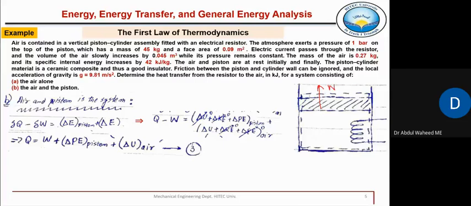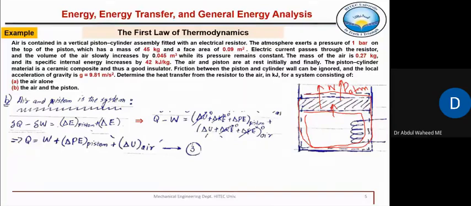Now this whole system is doing work against only atmospheric pressure. In the previous case, this was our piston, this was our system, and this system was doing work against the piston plus atmospheric air. But now in the new system, our system is doing work only against atmospheric pressure because the piston is inside the system boundary, right?